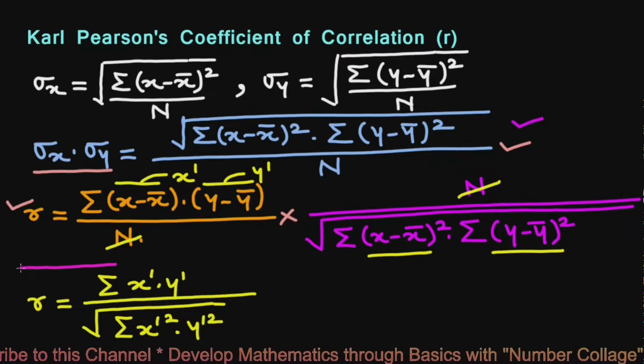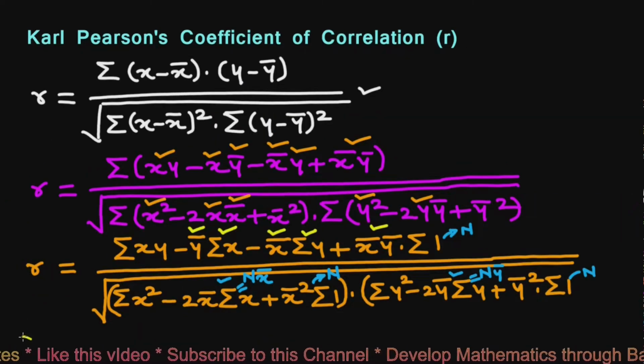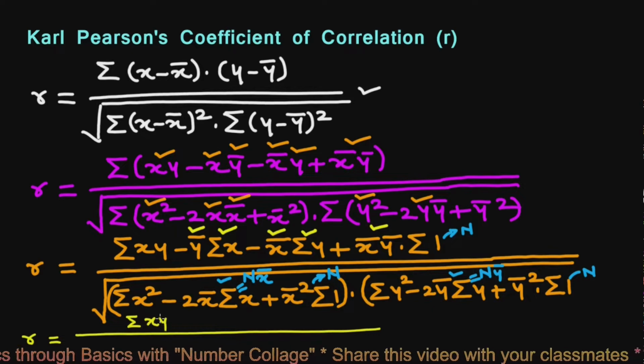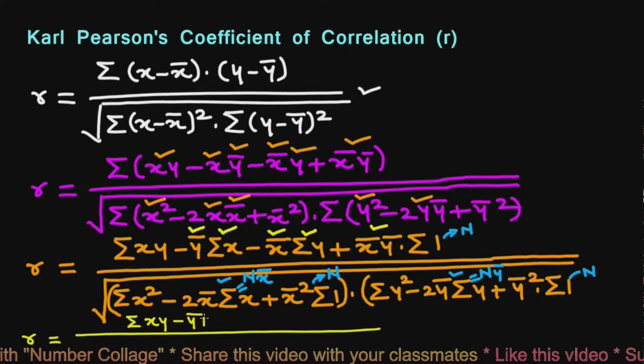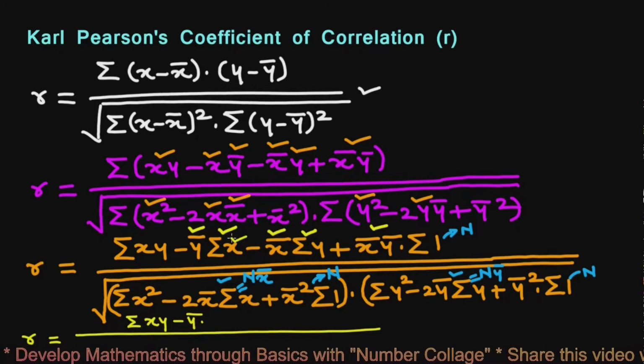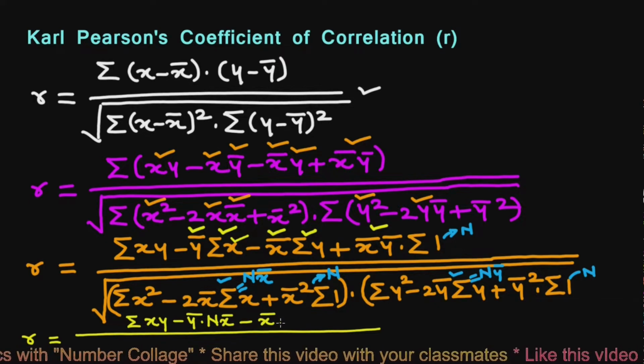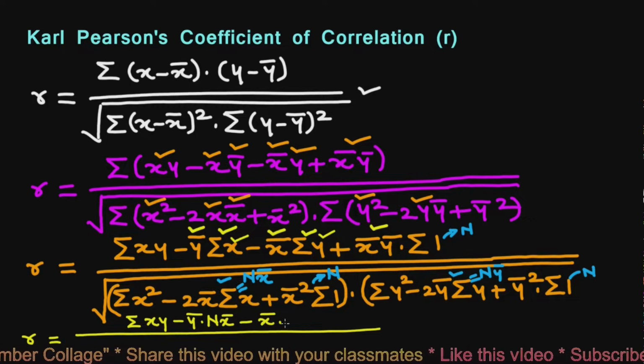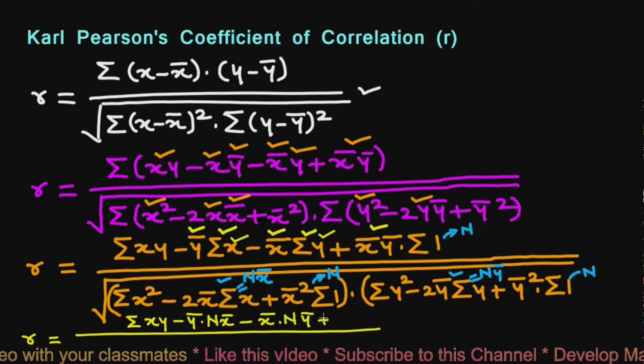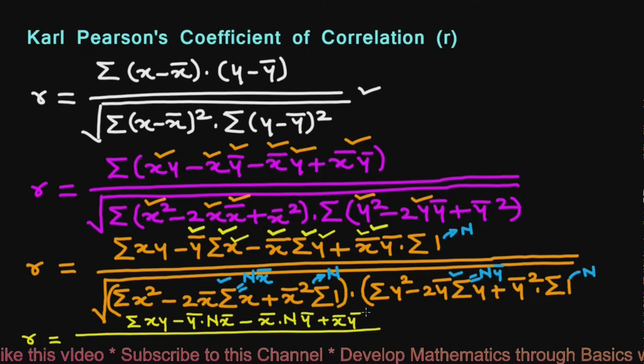Let's expand this formula. Now r becomes, in the numerator, summation xy minus y bar into, for this summation x, n x bar, minus x bar into, for this summation y, n y bar, plus this x bar y bar into n.